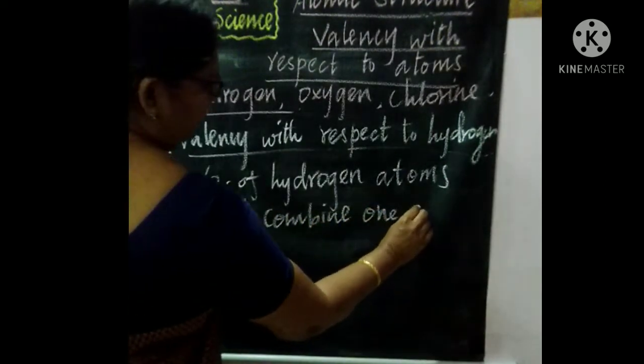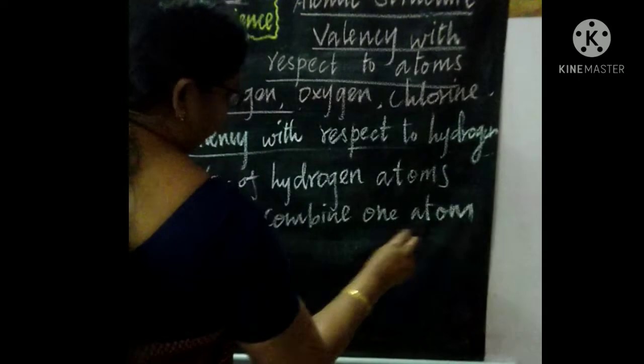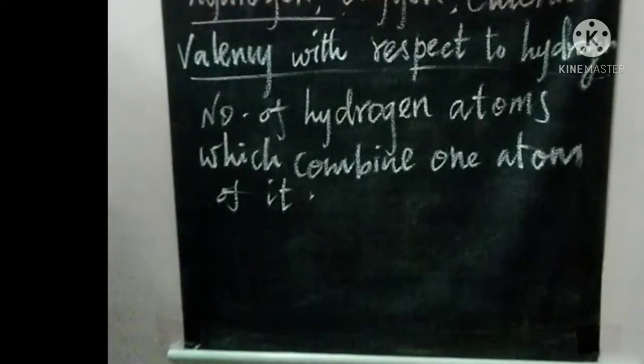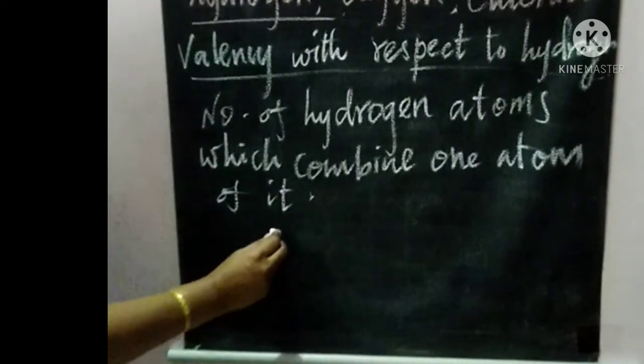We can explain this with an example. One hydrogen atom combines with one chlorine atom. Thus, the valency of chlorine is 1.